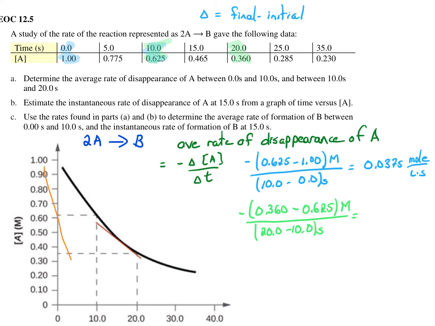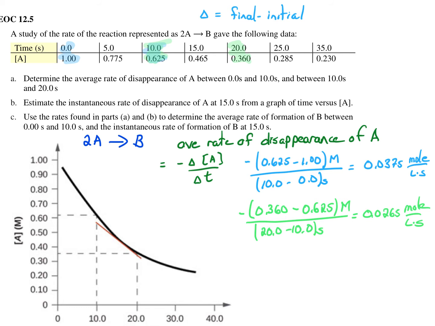Numerically, this comes out to be 0.0265 moles per liter per second. We note here that, as expected, as time proceeds, our reaction rate decreases.